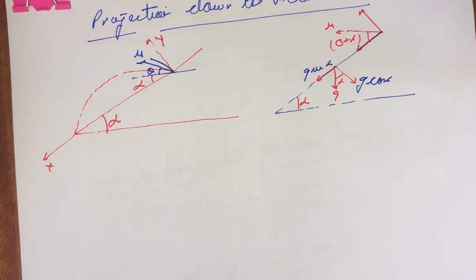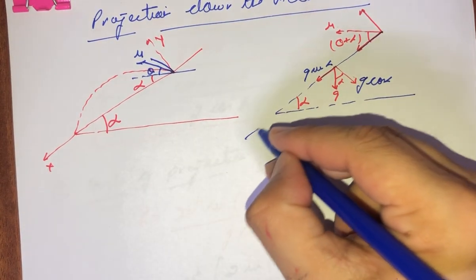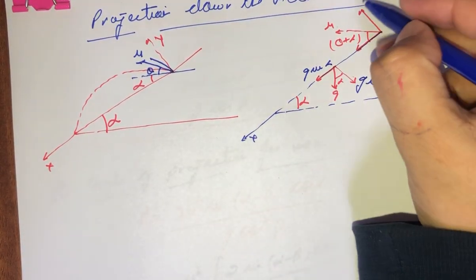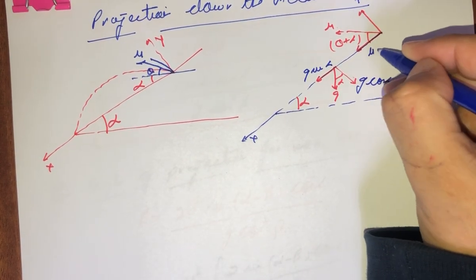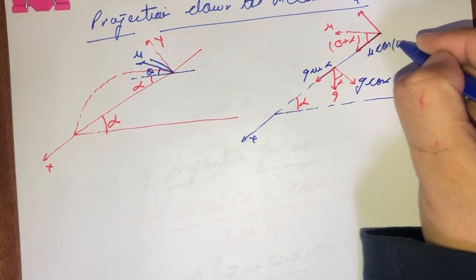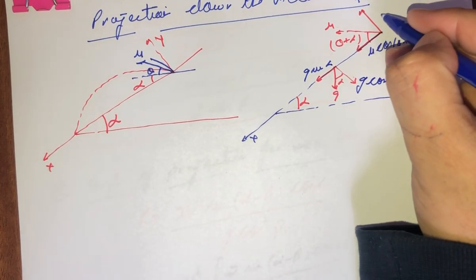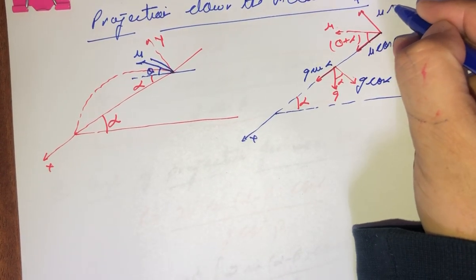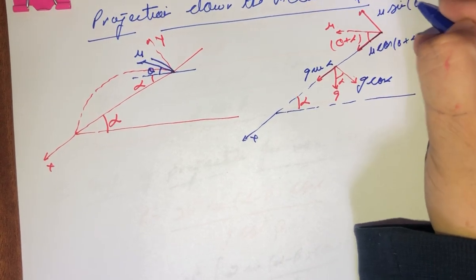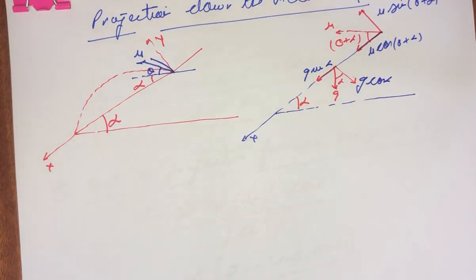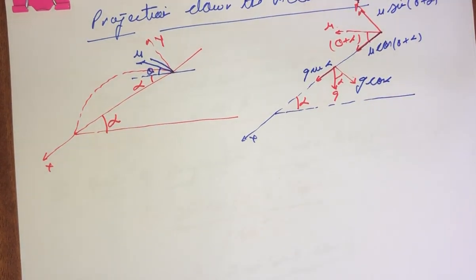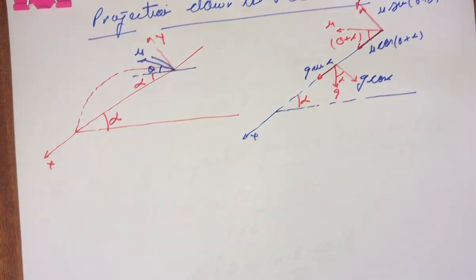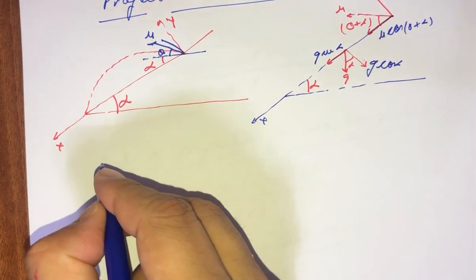So we have two components, along the x-axis and along the y-axis. Along the x-axis it will be u cos of theta plus alpha, and along the y-axis u sin of theta plus alpha. So we can write these components here also.